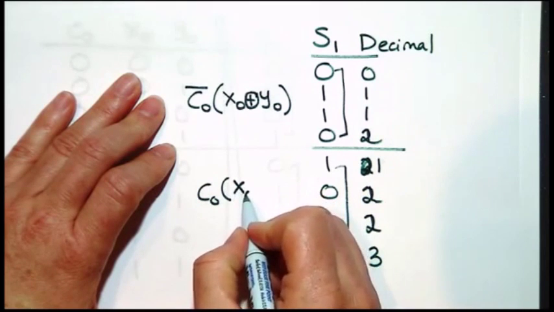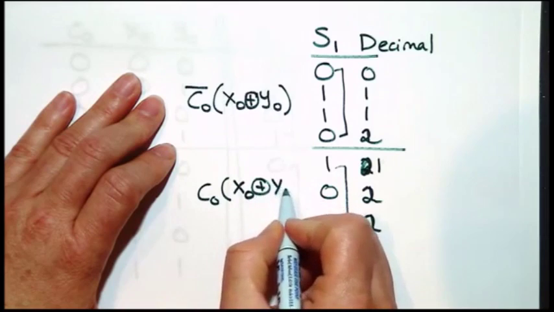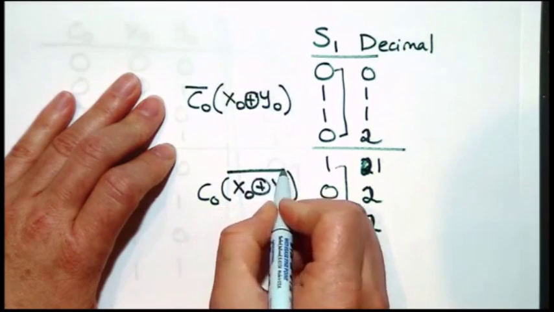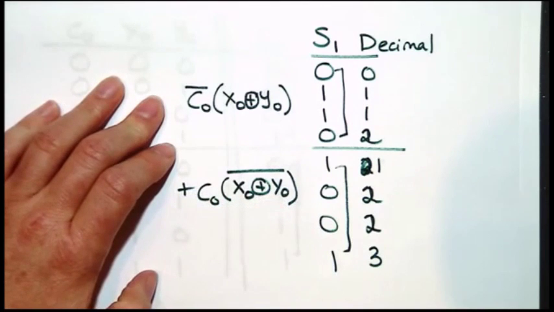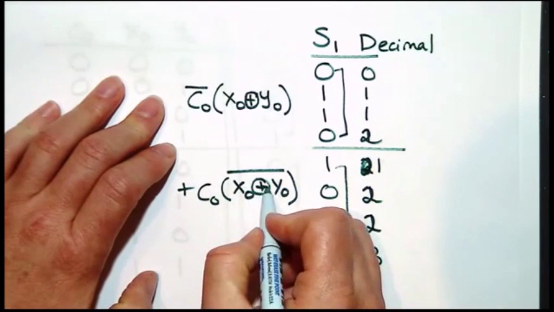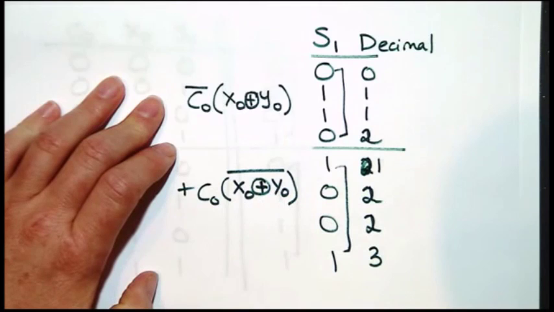And the second half is going to be the same thing but negated. So the output of the exclusive OR negated, and then we can OR those two things together. Any questions?